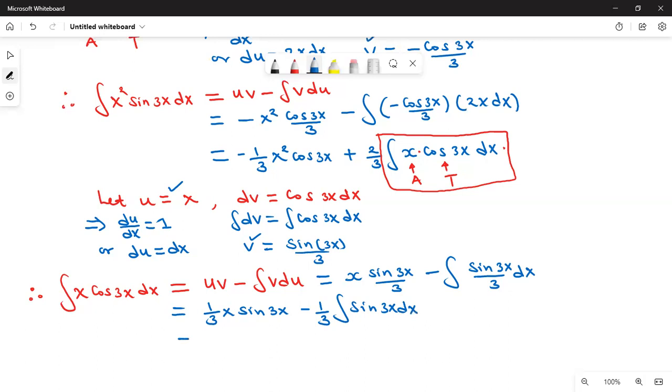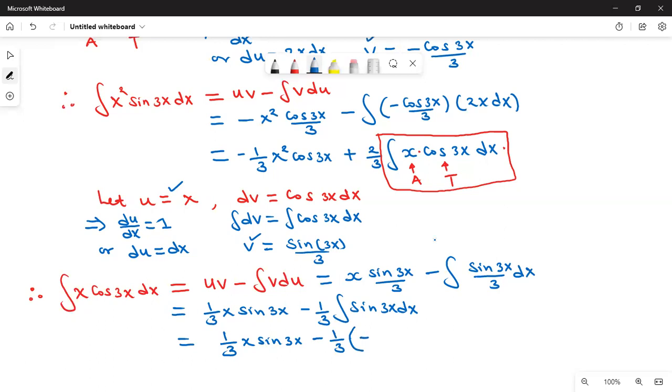So our final answer here is 1 over 3 x sine 3x minus 1 over 3. When you integrate sine 3x, you get what? What did you differentiate to get sine? You differentiated negative cosine.